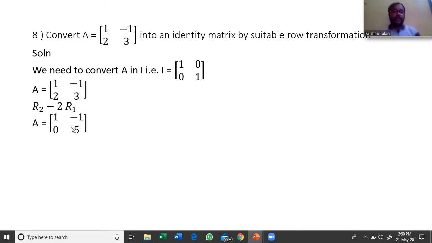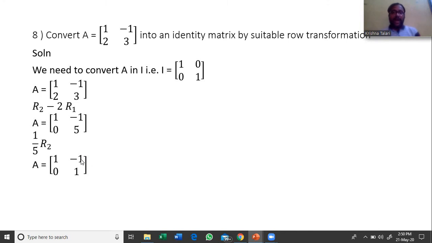Okay. Now you want 1 in place of 5. So we'll divide throughout by 5. So it will be R2 into 1 by 5 times. Okay. So it will be 1 minus 1, 0, 1. Now in place of minus 1, we'll be requiring 0.